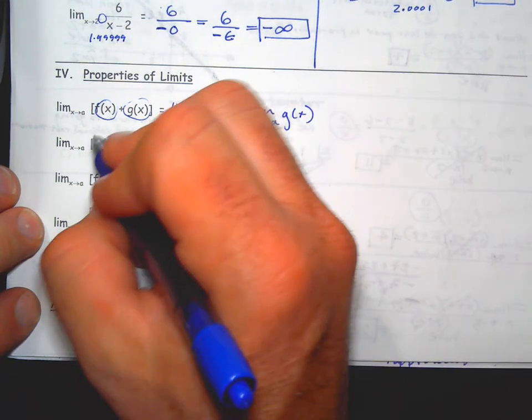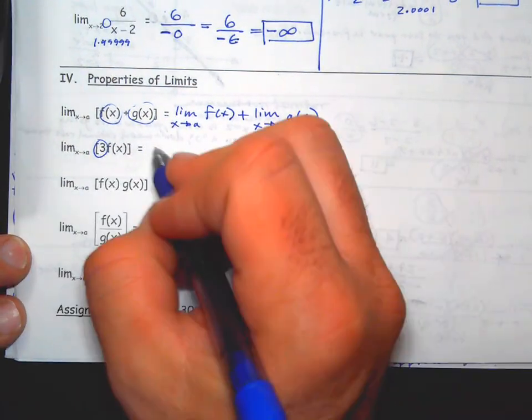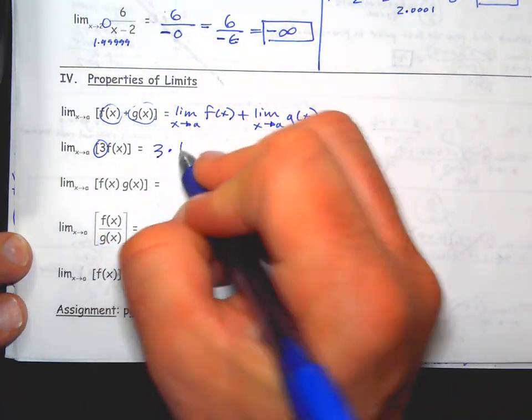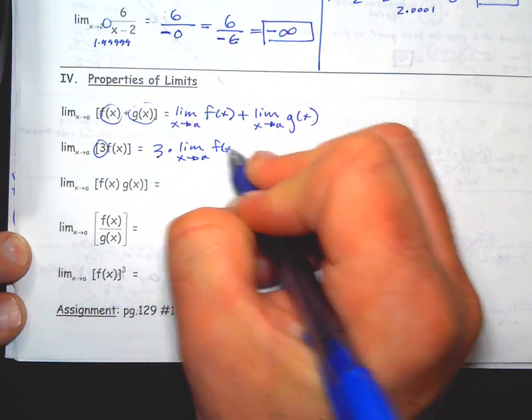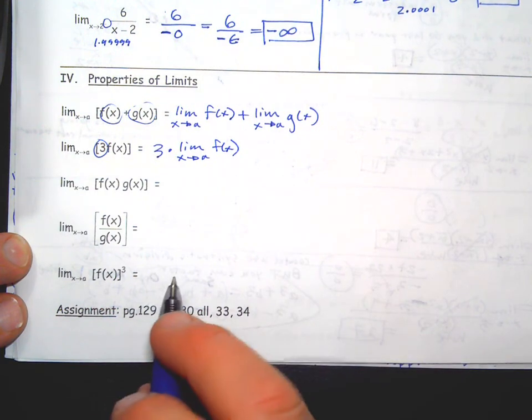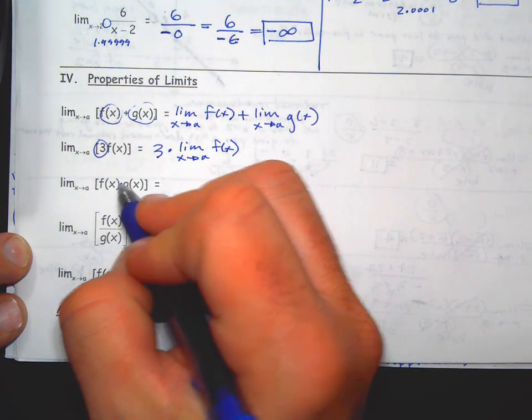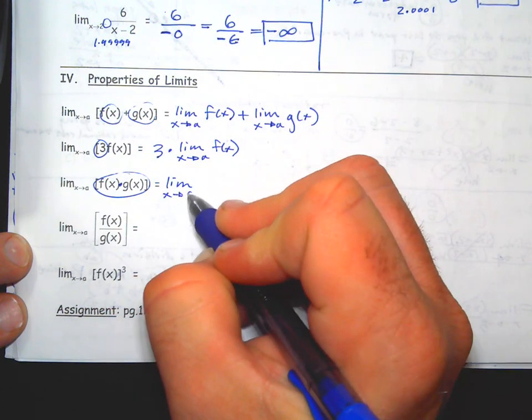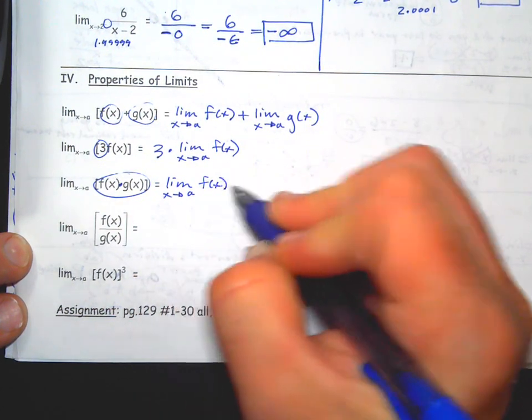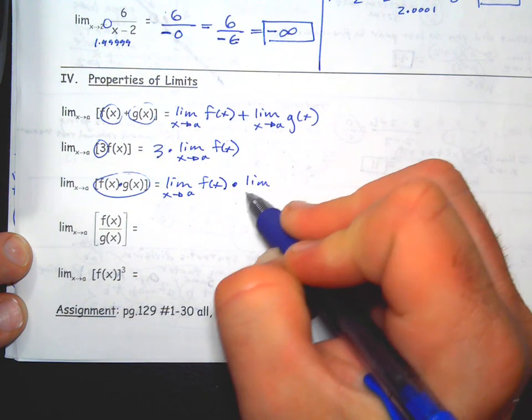If there's something in front multiplying it, you could say, okay, let's ignore that, take the limit of the function and then multiply by 3 afterwards. Yes. How about if you have two things multiplying each other? Could we just take the limit of each of them separately and multiply the result afterwards?